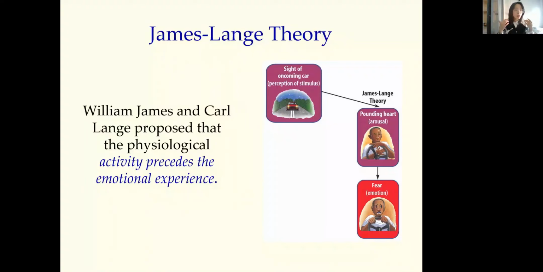So in the view of this theory, emotions arise from physiological arousal. The physiological activity precedes the emotional experience. And we'll talk about physiological arousal of emotions later. So according to this theory, we would only experience a feeling of fear after this physiological arousal had taken place. Furthermore, different arousal patterns would be associated with different feelings.